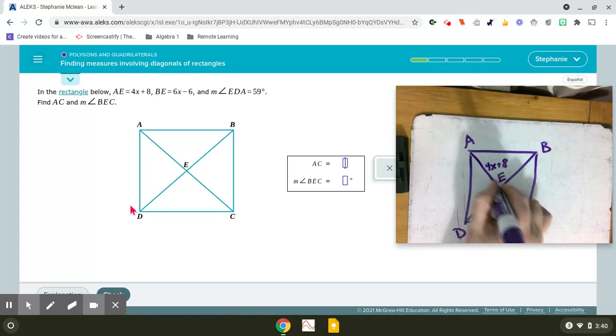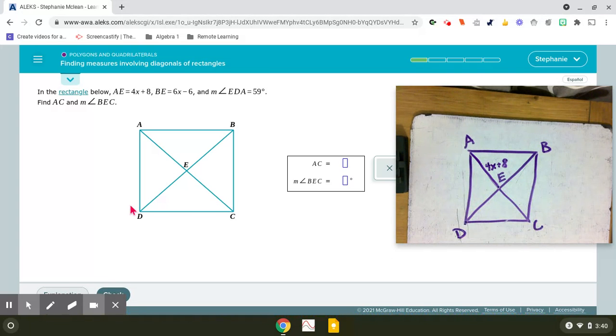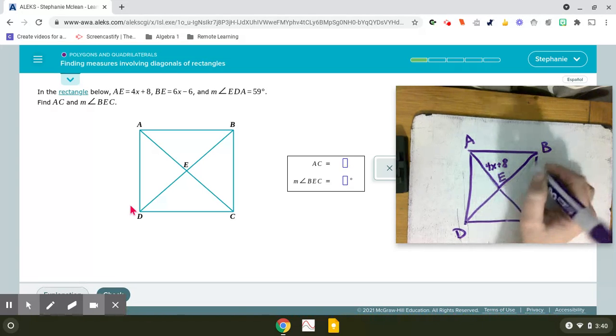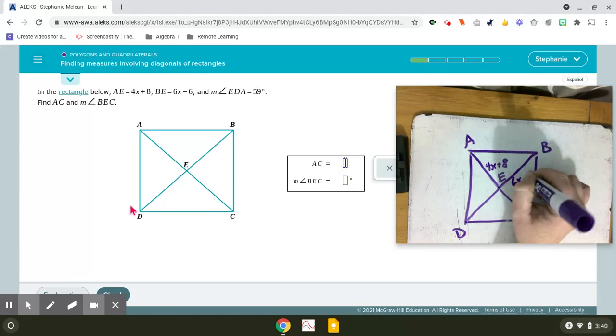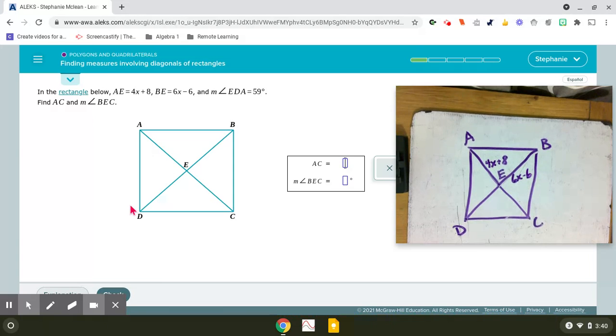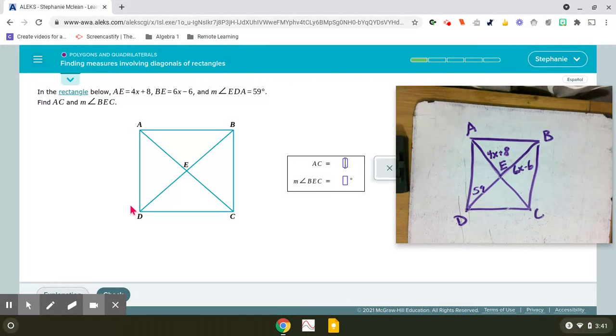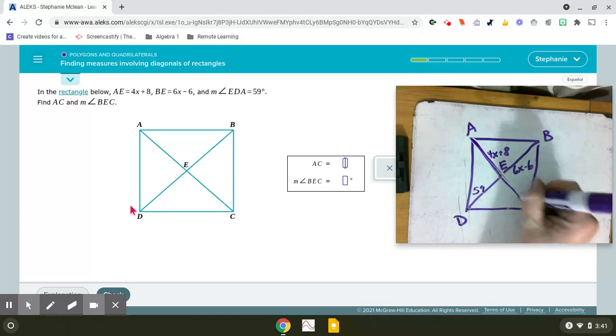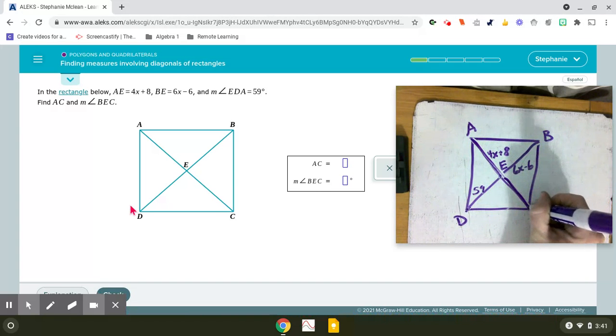B to E, this length, is 6x minus 6. Then angle EDA is 59. Find AC, so they want to know the entire length there. And they want to know angle BEC.